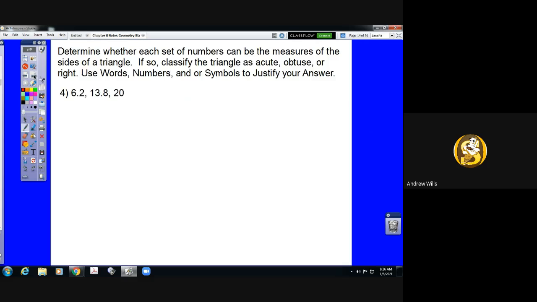So again, consider which one is the biggest. Check a squared plus b squared. Check c squared, and classify this triangle, if it's a triangle.